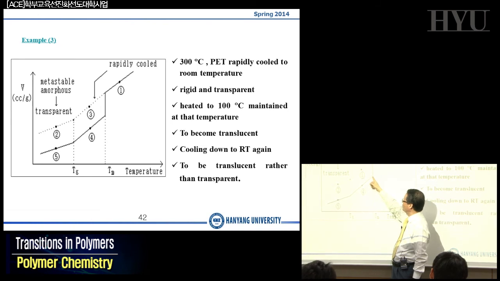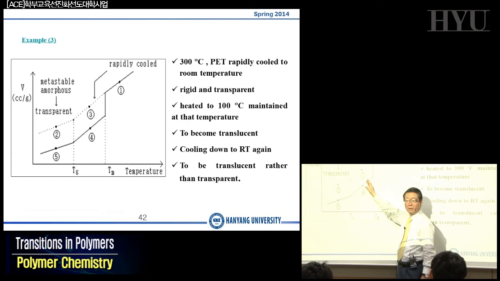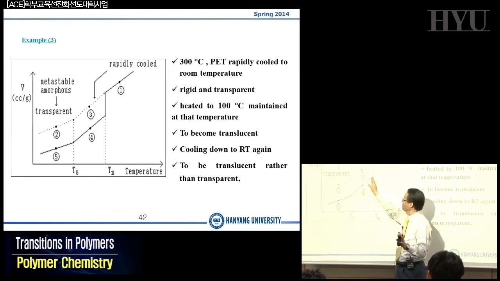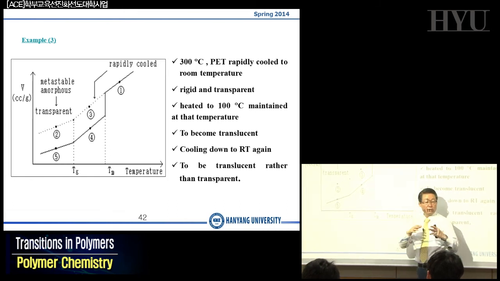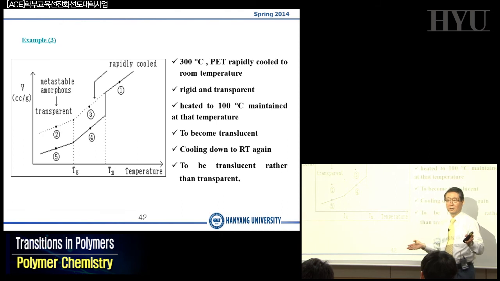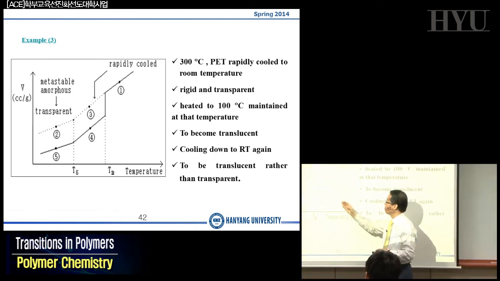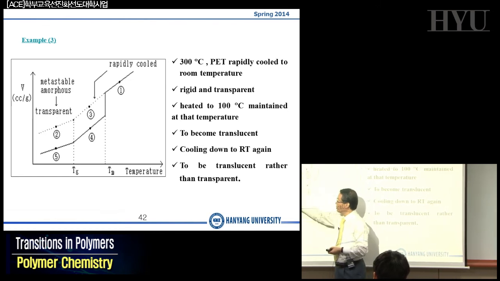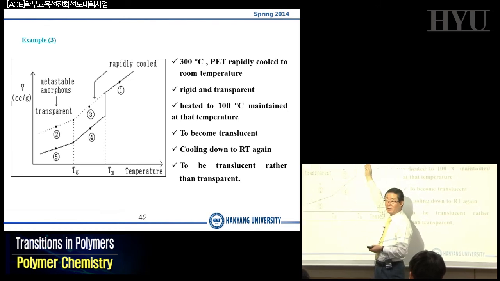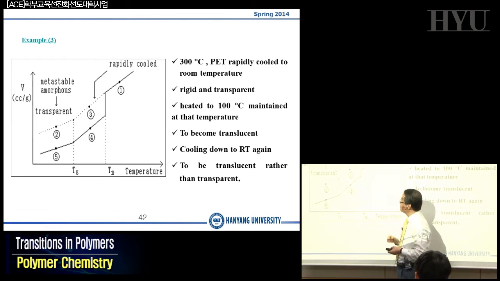At some point, the solid polymer, although it's flexible, will melt if you have the crystalline portion. So melting will give you an abrupt increase in your specific volume. So polymer in the solid phase will become liquid phase, okay, as you increase the temperature to a certain temperature.